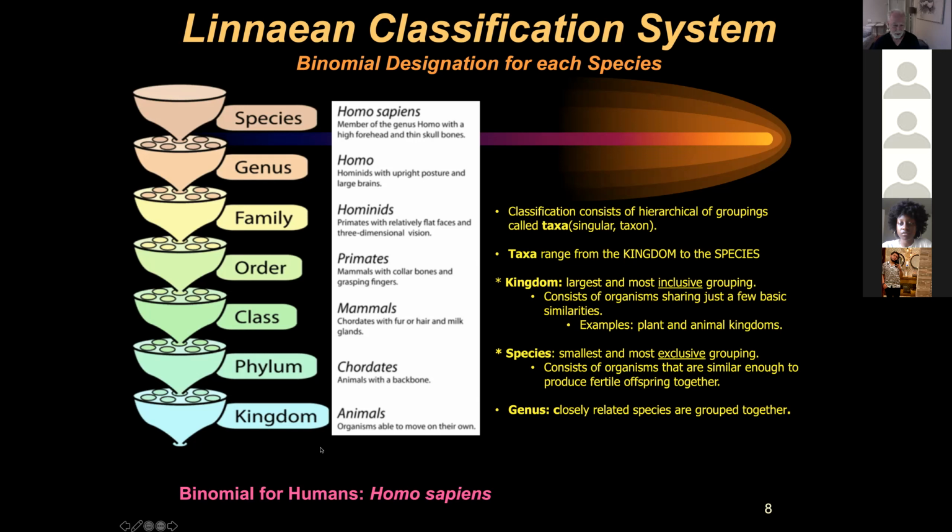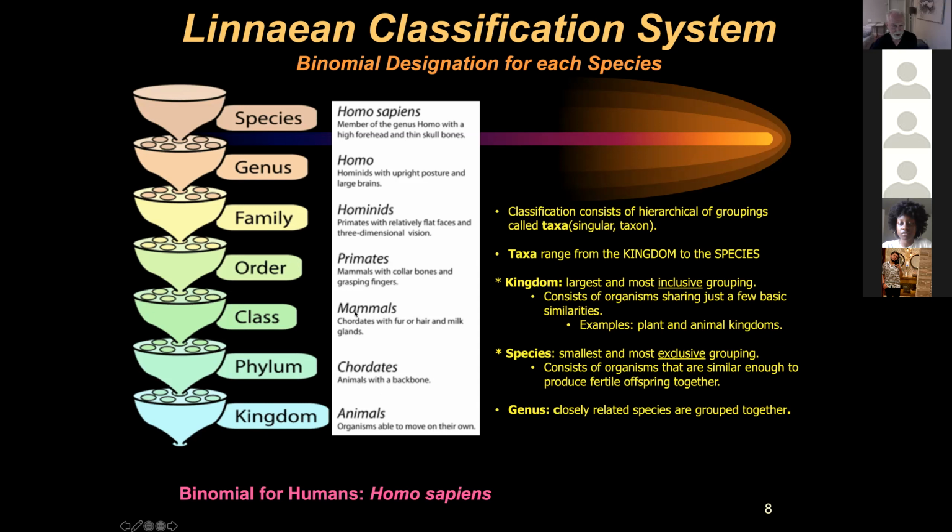So if we look at the example of the binomial for humans, Homo sapiens, we start out with asking, what kingdom do humans belong to? Well, they're animals. So these are organisms able to move on their own. Then the next level, humans are animals with a backbone, so they're chordates.